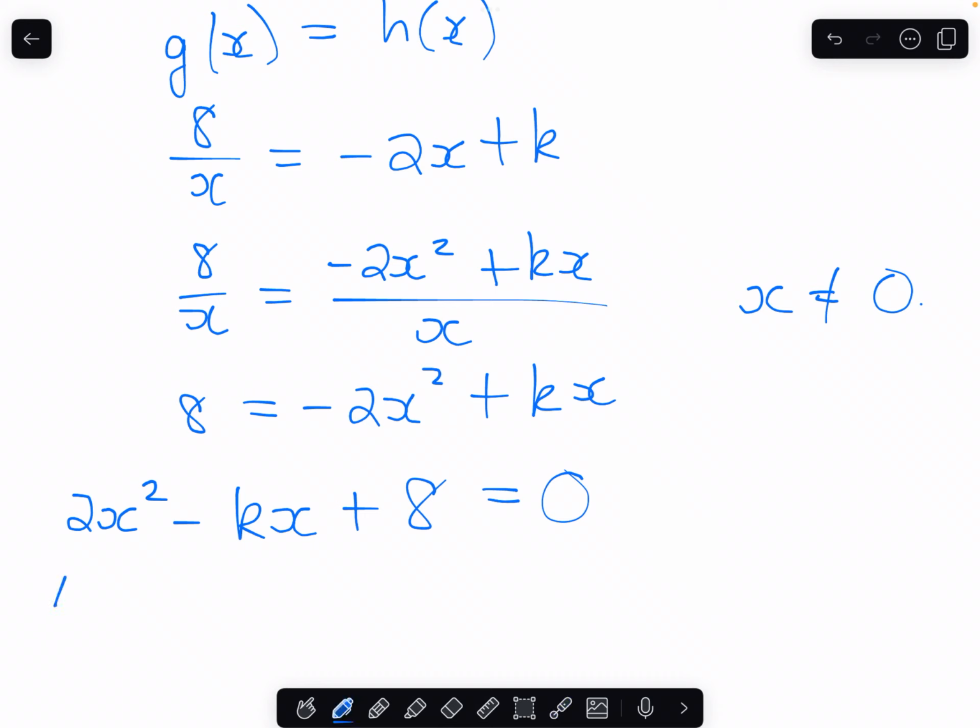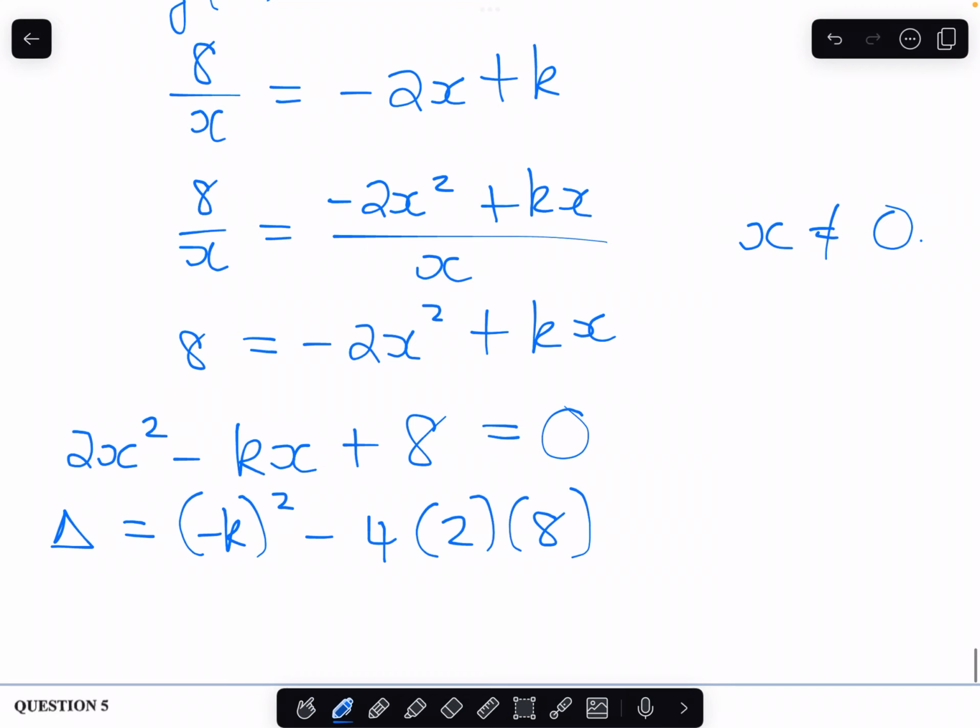So now the discriminant of this equation is minus k squared minus 4 times 2 times 8, which is the same as k squared minus 64. Okay.